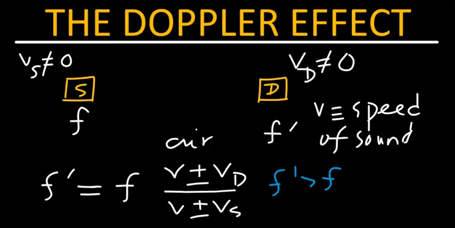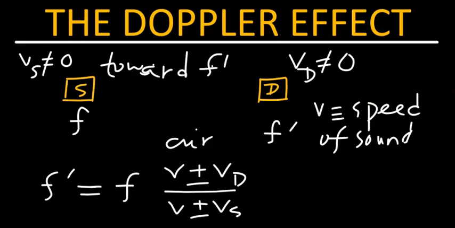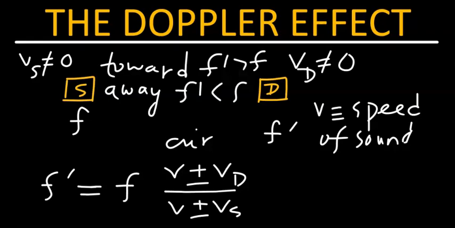Likewise, when the motion of the detector or source is away from the other, the sign on its speed must give a downward shift in frequency. So in this case, f prime is less than f. In other words, toward means shift up, f prime is greater than f. And away means shift down, f prime is less than f.